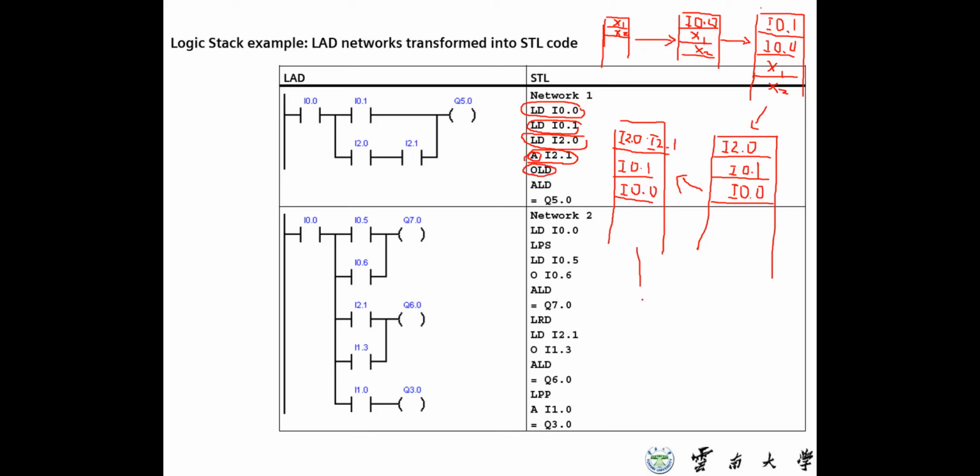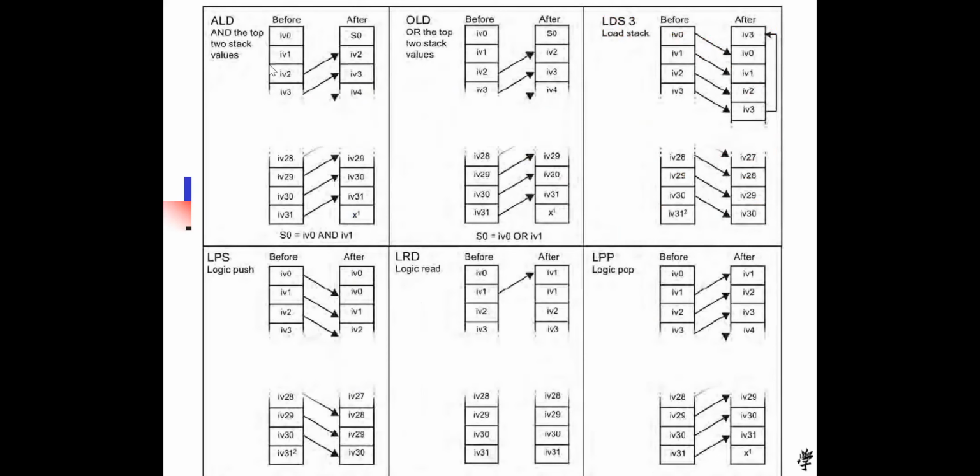So if we do this one, this stack changes to what? Maybe we can see this one. This is what? ALD, or the top two stack values, means this and this one are ANDed.